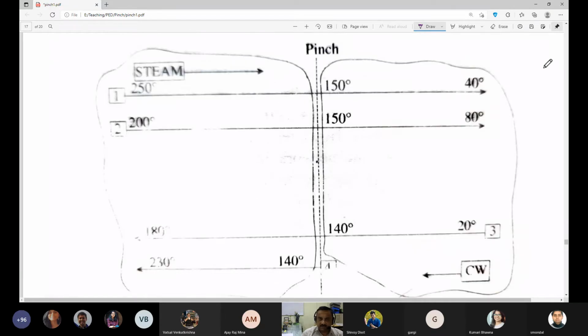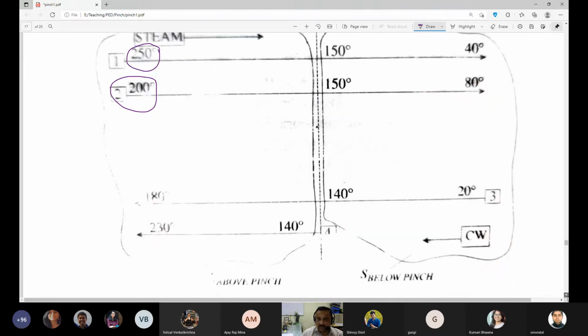So you can see these are the two hot streams. One was available at 250 and the other was available at 200. And the third stream that was available is steam itself. That itself is a hot stream. So these are the three streams you have as a hot fluid. And as a cold fluid, you have once again two streams here.